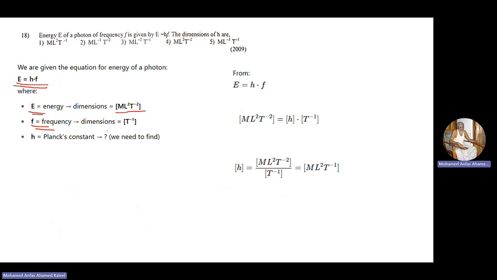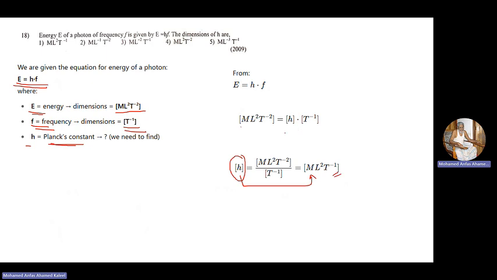And the dimension of frequency, what is frequency? F is equal to 1 over T. So the dimension of frequency is T minus 1. So we want to know the H. H is actually Planck's constant. In this formula, we are calling H Planck's constant. So in that case, we equate these dimensions on LHS and RHS, then we can derive the dimension of H as ML squared T minus 1.